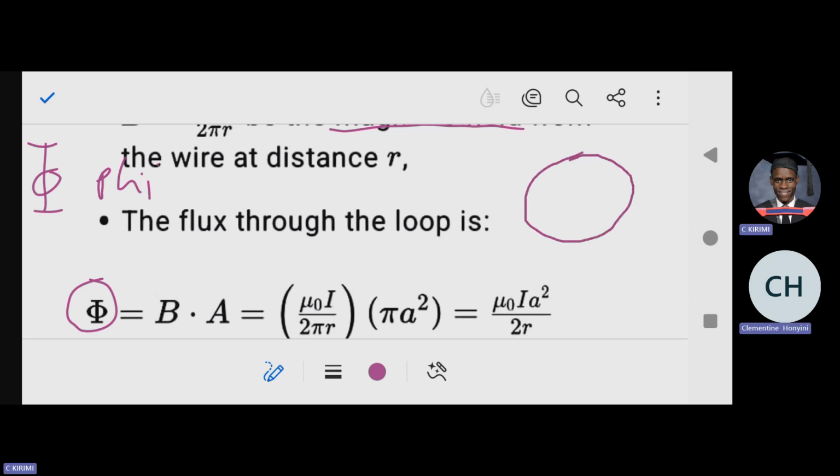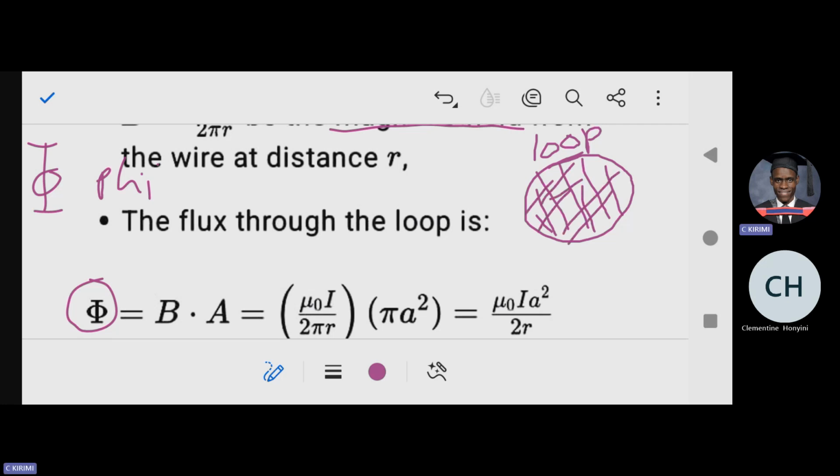Yes, pi r squared. Our loop is something circular, isn't it? So if you want the area, A is the area, and that loop is like that, which is the area of that loop.